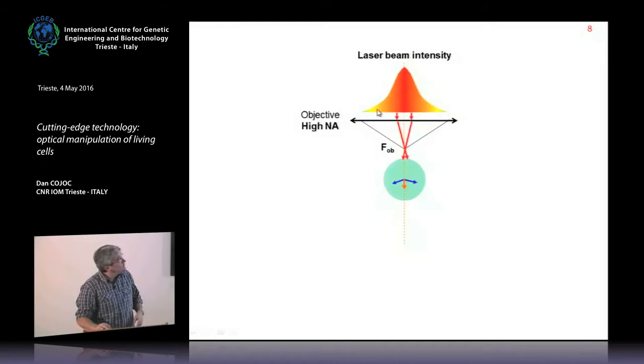But since we have symmetry, these two forces trying to move the bead from the optical axis compensate, and we have only the force pushing the bead away. In fact, this is what happens with a normal low numerical aperture objective. The beads are attracted towards the optical axis and pushed away.